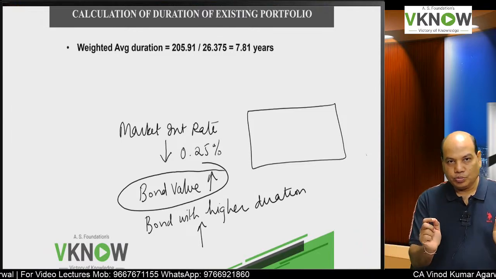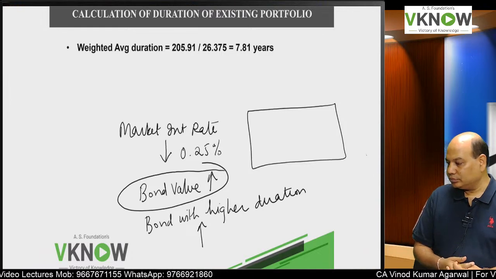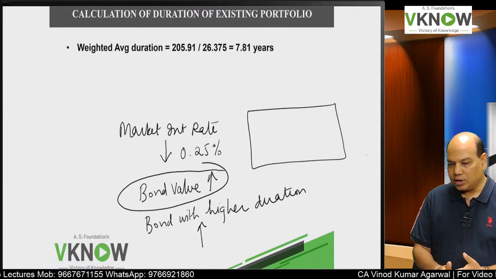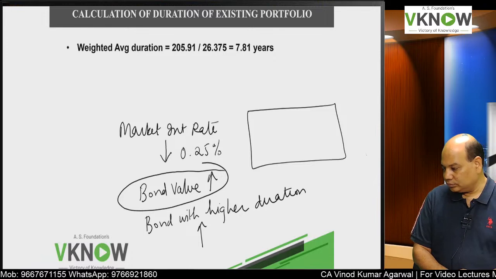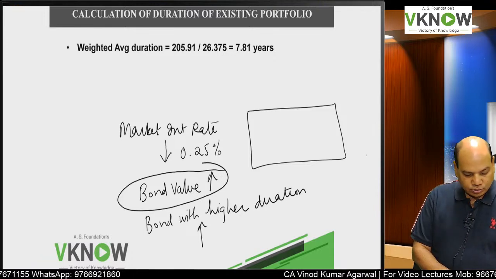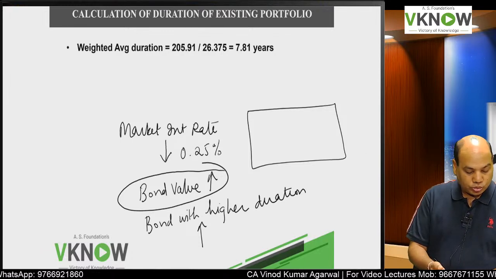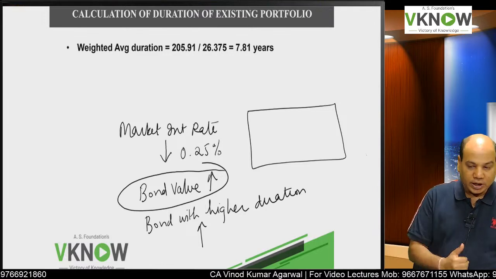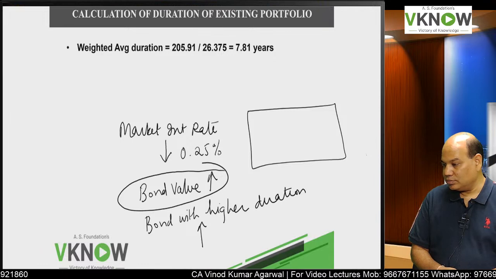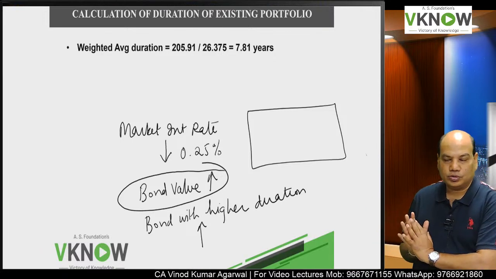Tell me which bond you will buy and which bond you will sell. Should you buy 2006 bond and sell 2032 bond, or should you sell 2006 bond and buy 2032 bond? You have to increase the duration of the portfolio.